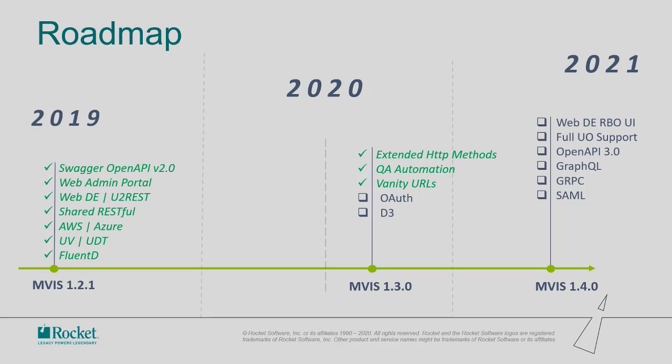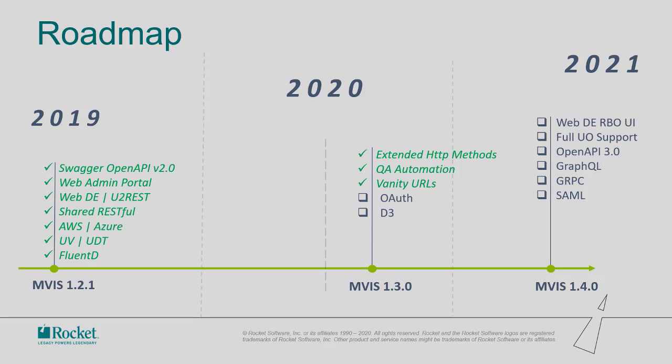So let's look at the roadmap and see what features and capabilities are in the pipeline. MVIS 1.2.1 was released last year, and it included Swagger Open API, the Web Admin Portal UI, and an upgrade and migration path for U2 REST server and WebDE.